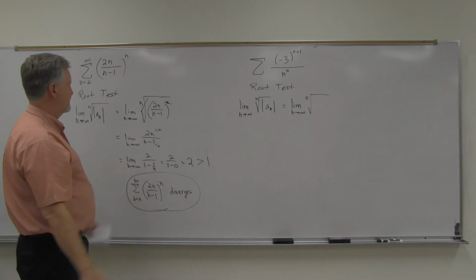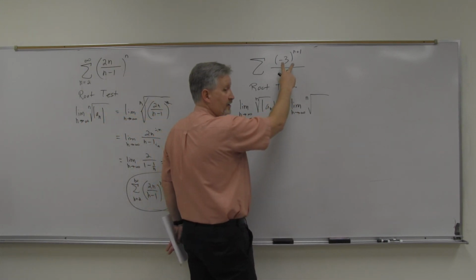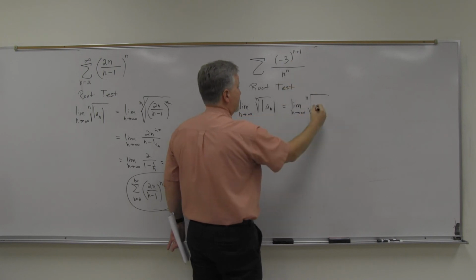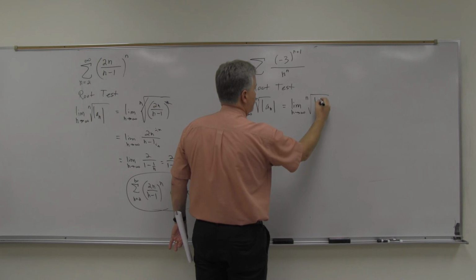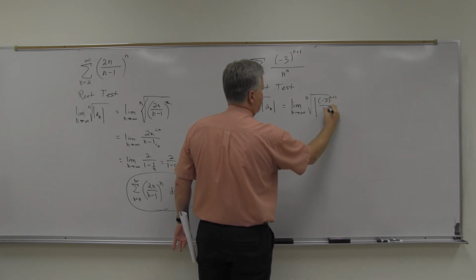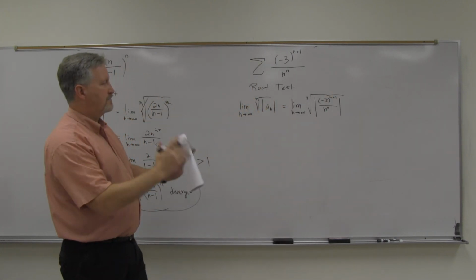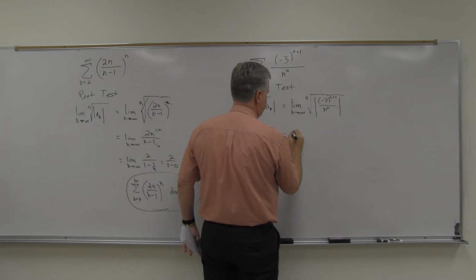But here, we've got an alternating series, don't we? And as we do this step by step, that's one thing that is taken care of with the root test. I'm taking the absolute value, and so I can take out that alternating sign and just make it a positive 3 to the n plus 1.